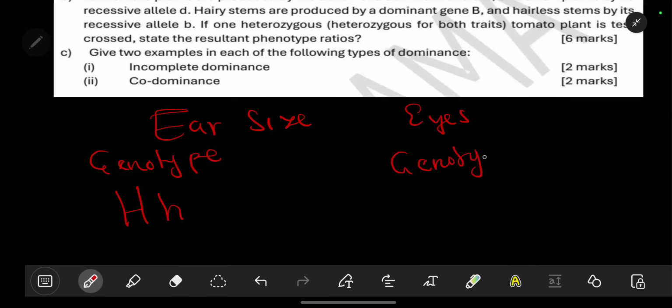For eyes genotype, we are going to have the big Q and the small q, because this individual is heterozygous, meaning there is a small letter and a big letter. Then if we have that type of situation, what are we going to have?